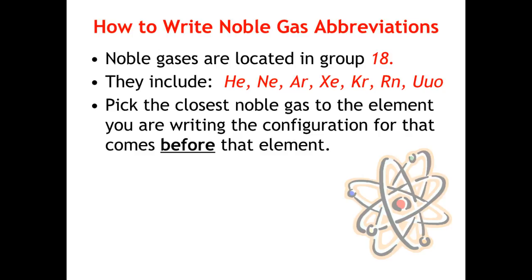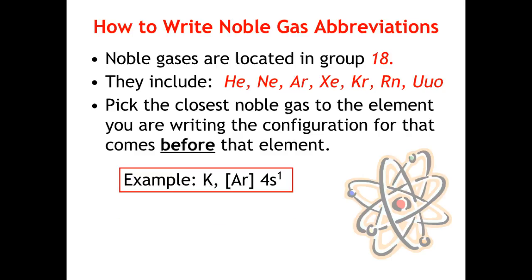Pick the closest noble gas to the element that you are writing the electron configuration for, that comes before that element. Let's do an example. Potassium, K, that has 19 electrons. So we would write the closest noble gas to that, which comes before the element of choice, and that is argon.